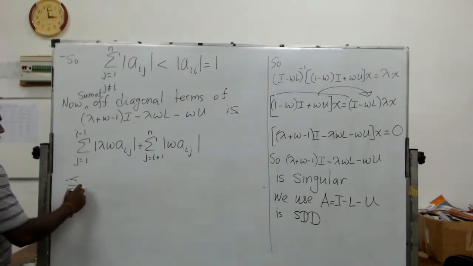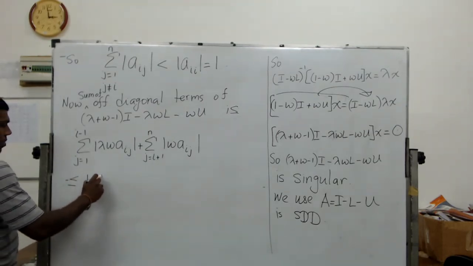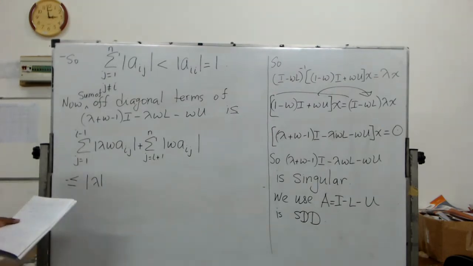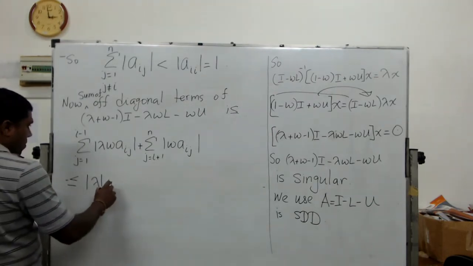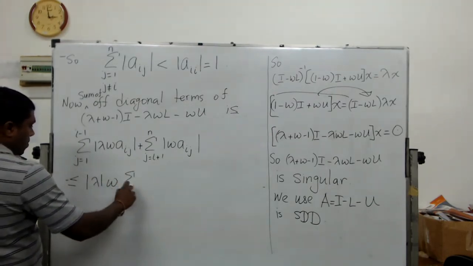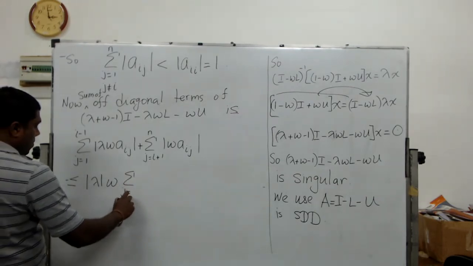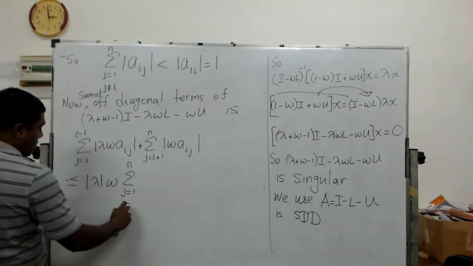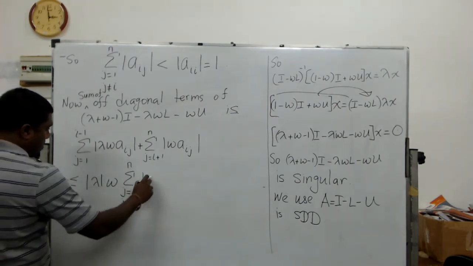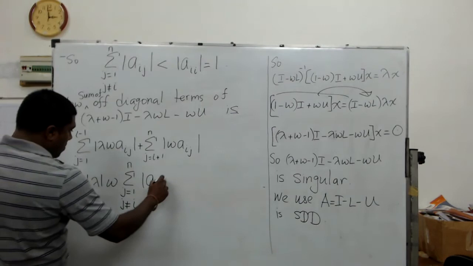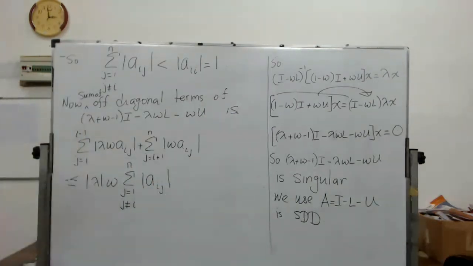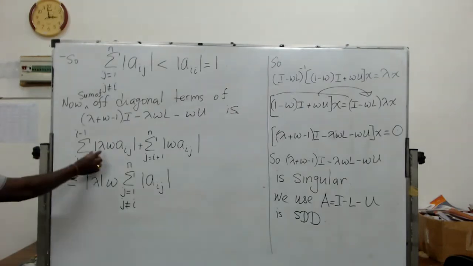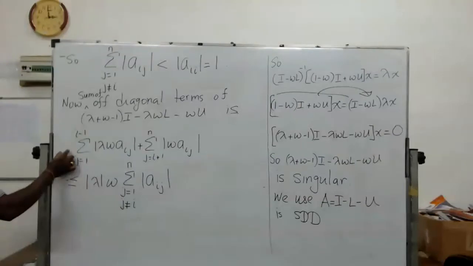This is less or equal to, right, there is an absolute value of lambda here, so you can put it in front.